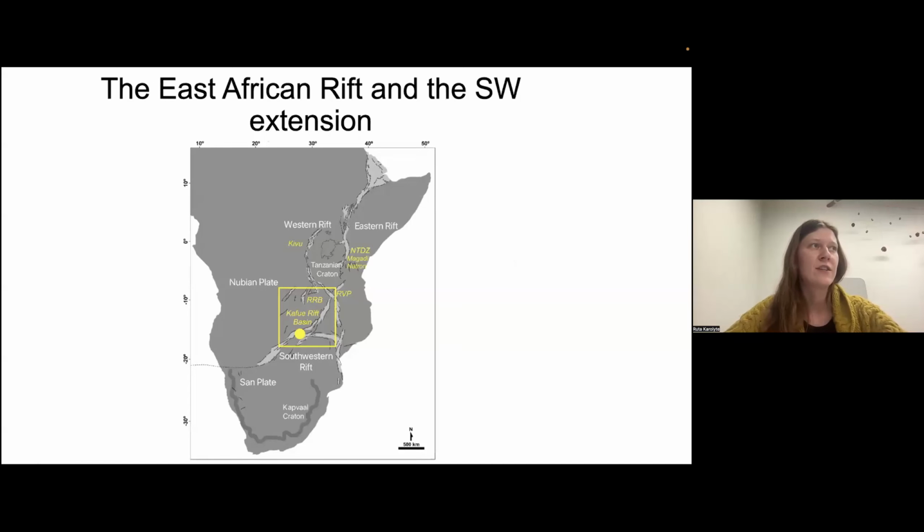The location that I'll talk about is the extension of the East African Rift. So it's slightly further north of where the previous talk is, but generally, if you can see my mouse, the East African Rift, I'm sure you're all aware, has these two branches, the eastern and the western branch, around the Tanzanian craton.